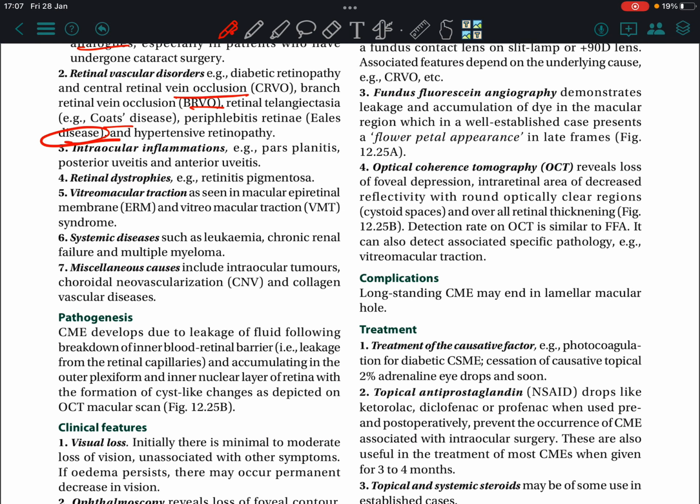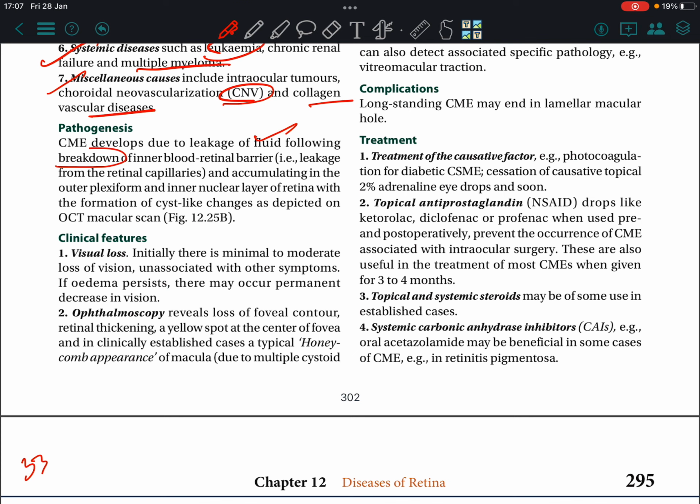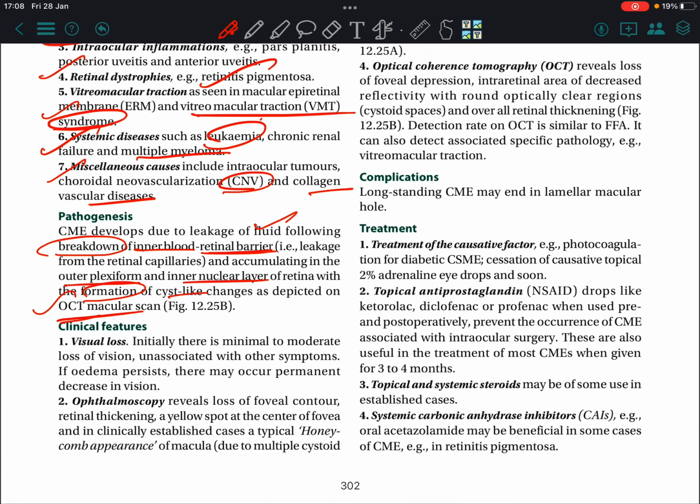Pathogenesis: CME develops due to leakage of fluid following breakdown of the inner blood-retinal barrier, accumulating in the outer plexiform and inner nuclear layers of the retina with formation of cyst-like changes, as depicted in the OCT macular scan.